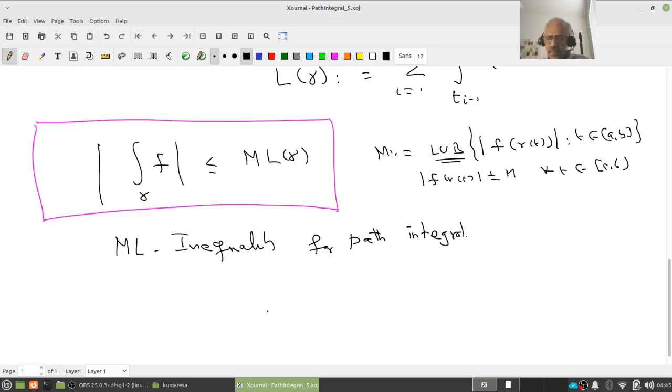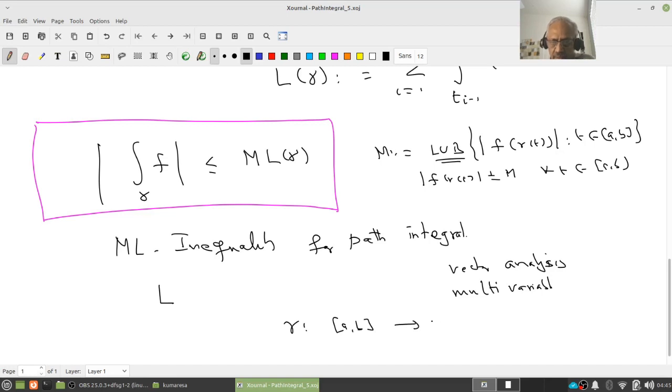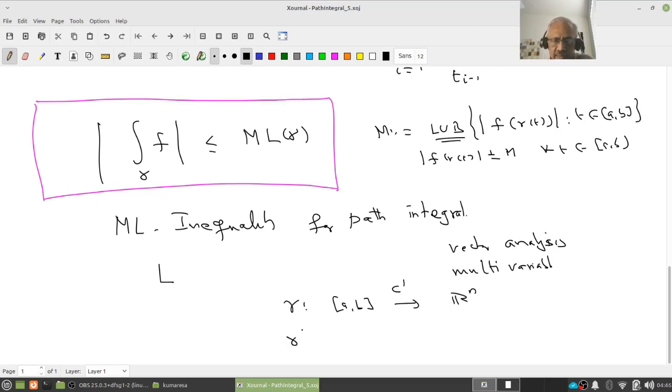Of course, there is a geometric meaning for L of gamma. If you have done vector analysis or multivariable calculus, you know that if gamma is a continuous, say C1, thing into R n, then I can think of gamma prime t as the velocity vector.